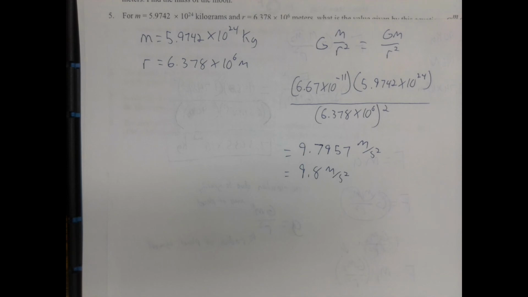If you were to go up to Mount Everest, you would be farther away from the center of the Earth, so gravity would decrease. It won't decrease by much, like a millimeter per second less.